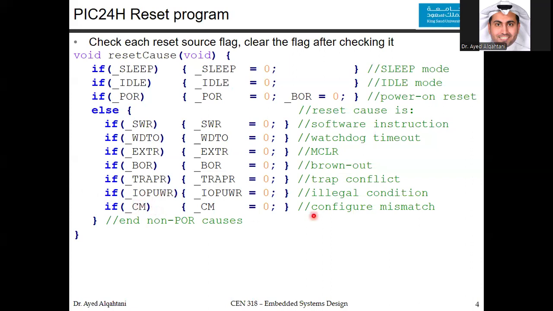And we have the CM for the configuration mismatch. I just show you this to know the flags, and notice that for each one of them, it's your job to reset its value once it is asserted. Now let's check the power on reset.